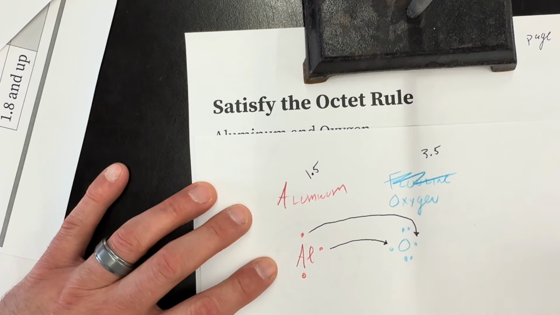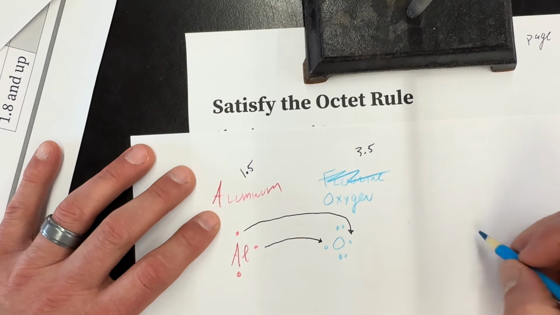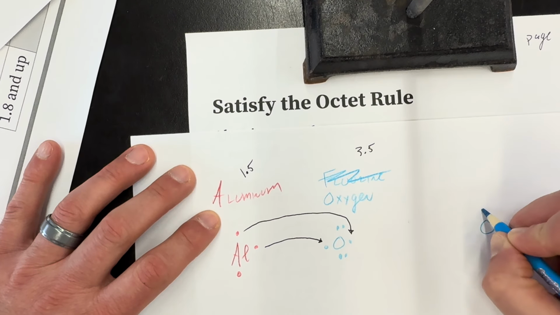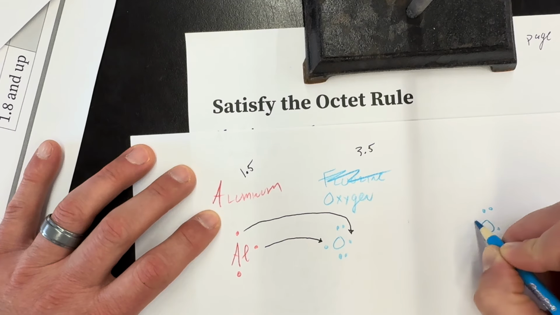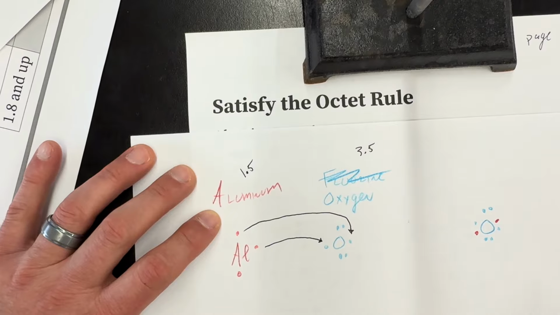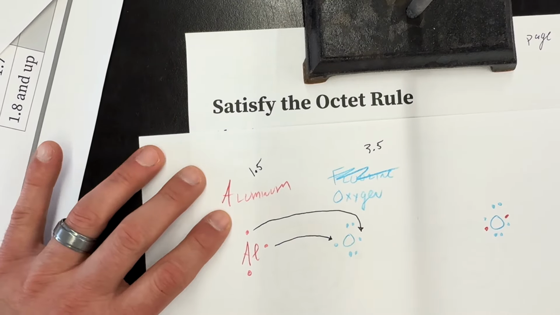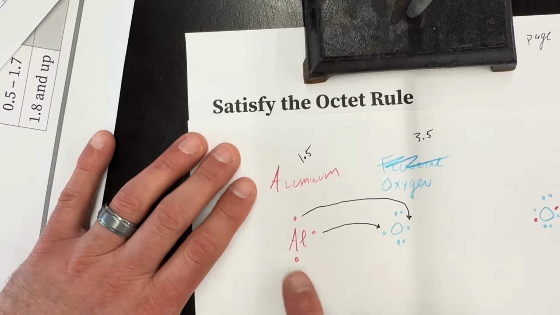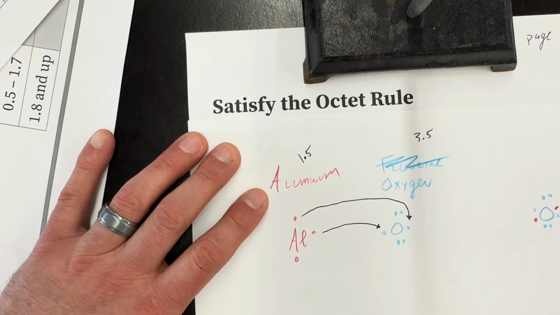So when we redraw this off to the side, I have an oxygen with 8 electrons, and 2 of them come from aluminum.